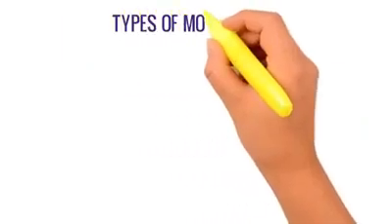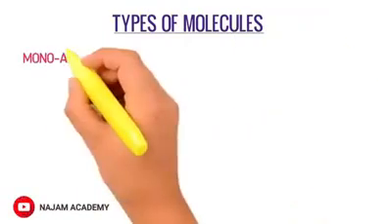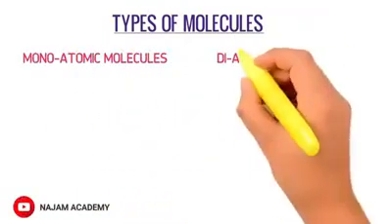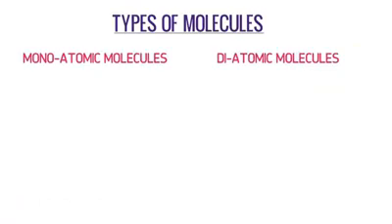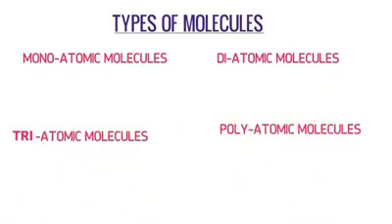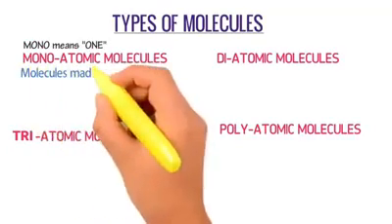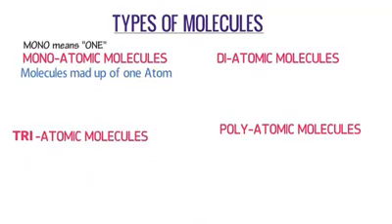Also, you should learn types of molecules like monoatomic molecules, diatomic molecules, triatomic molecules, and polyatomic molecules. Well, the word mono means one. These are molecules that are made up of only one atom, for example, helium, neon, argon, etc. The word di means two.